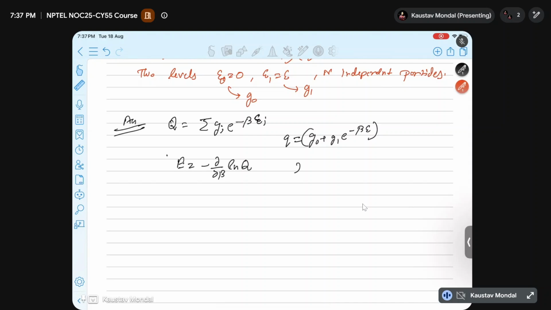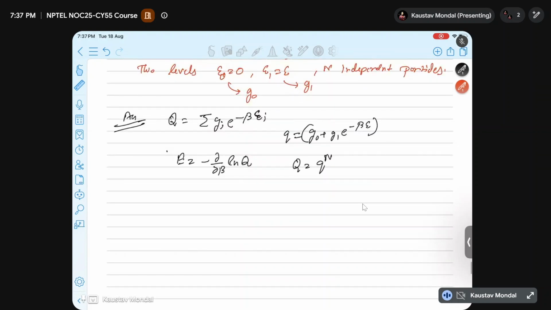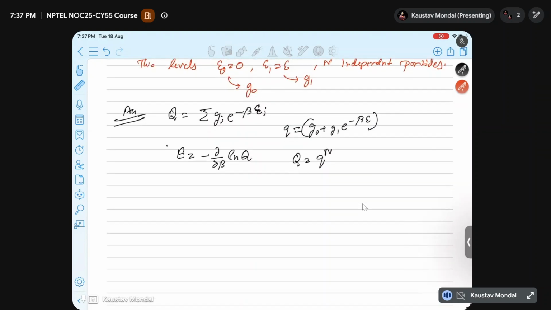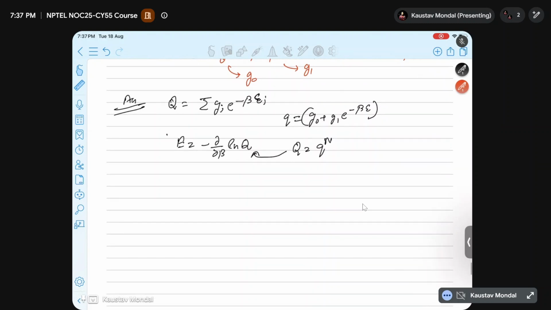Now the total partition function Q would be q to the power N, since the particles are independent. So if you substitute it here, it will become minus N into del beta of g0 plus g1 e to the power beta e.